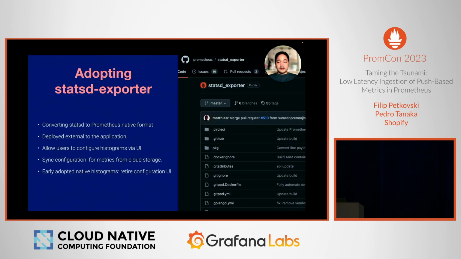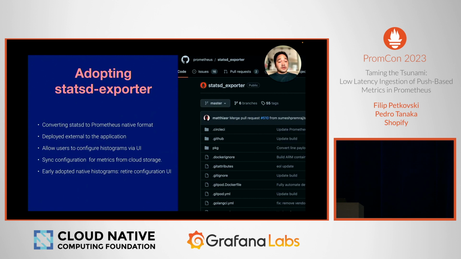So we decided to use the statsd exporter. Using the statsd exporter, you can convert metrics in the statsd format into a Prometheus native representation. We also are deploying the statsd exporter outside of the application, so developers don't need to think about this extra piece of infrastructure touching their applications.